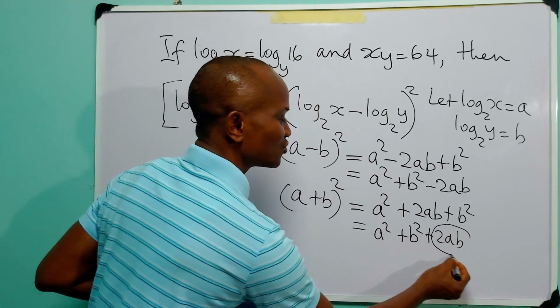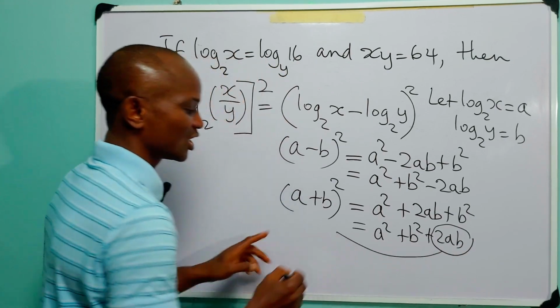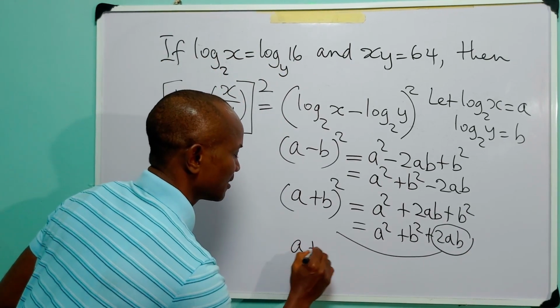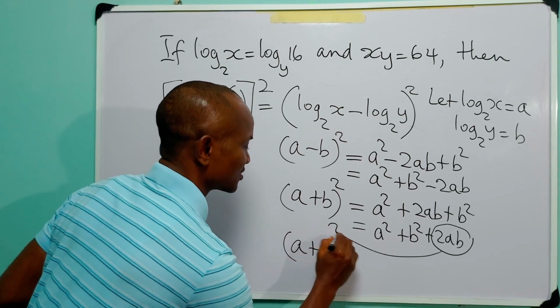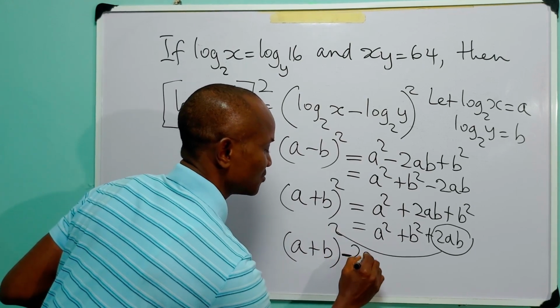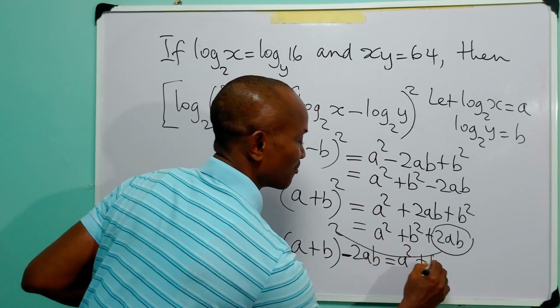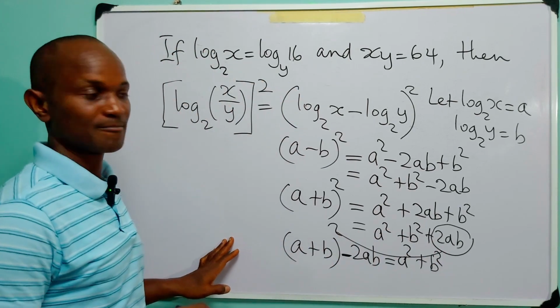If we take 2ab over to the left-hand side of the equation, what we will have is a plus b squared minus 2ab is equal to a squared plus b squared.